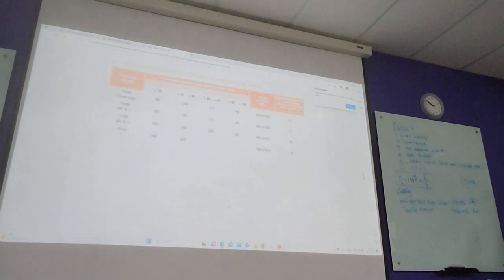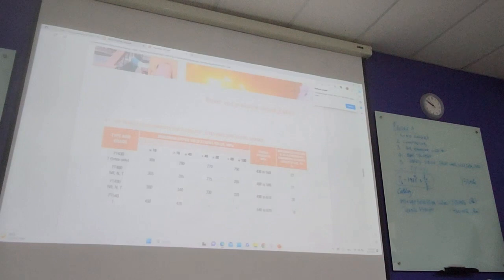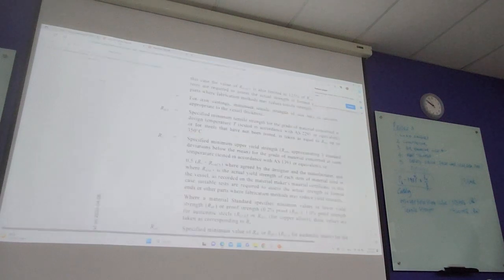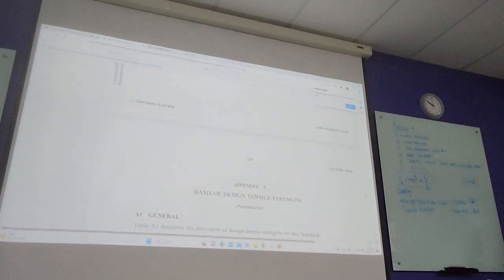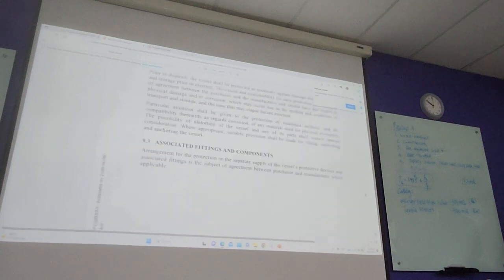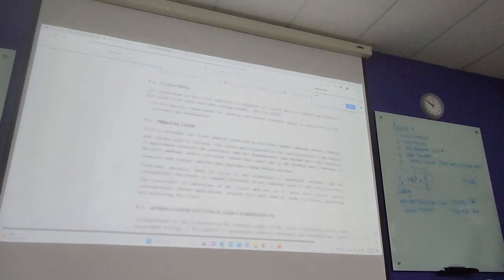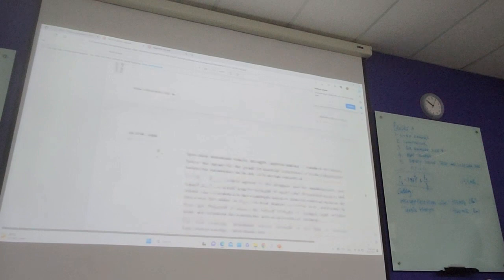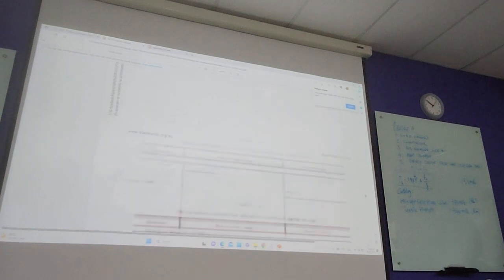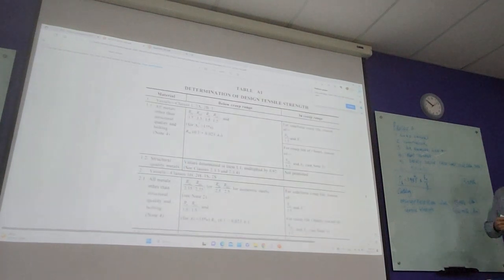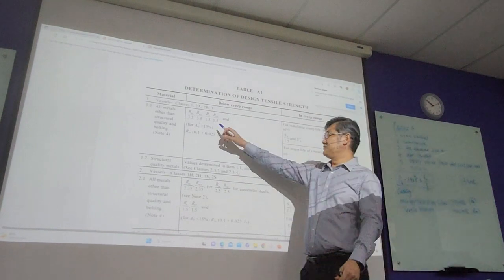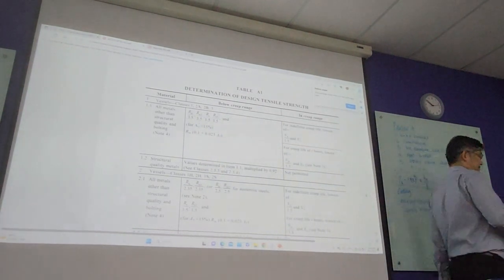Alright, so how to calculate our design strength? Okay, clause A32, just now we went there. So now you have to work this out. Do some calculation.